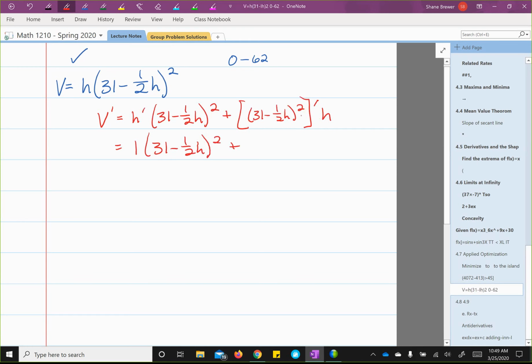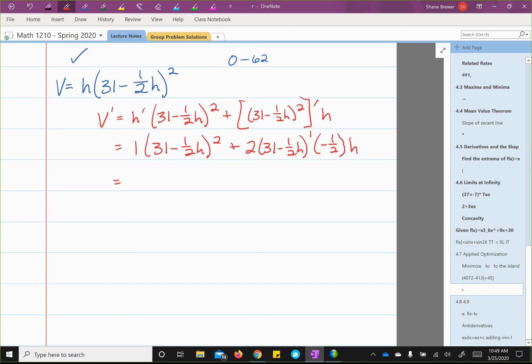And then the derivative of this in the square brackets is 2 times 31 minus 1/2 h to the 1 times negative 1/2. And then times h. So we want to set that equal to 0 and solve for h.